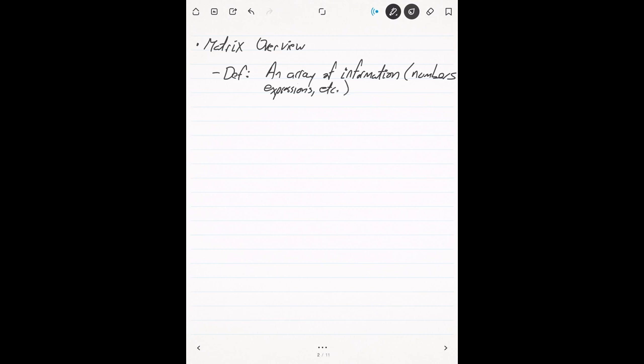So it's an array of information, and an array is an organized way of presenting, or I should say storing, information. We're going to say a matrix is an array of information, and it's organized in a very specific way by using rows and columns.